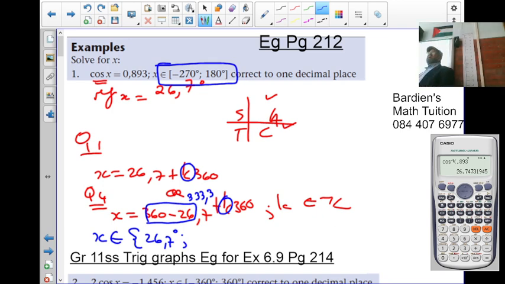Is that inside or outside? Outside. It's outside the given domain. We're starting at negative 270 and ending at 180. So does 0 work? 0 doesn't work. Would 1 work? No. So we put minus 1. What do we get then? Negative 26,7 degrees. Okay.